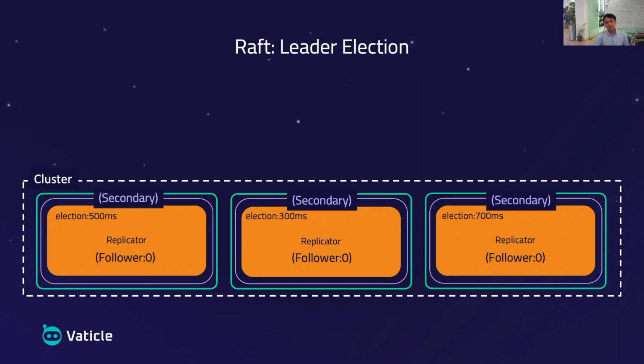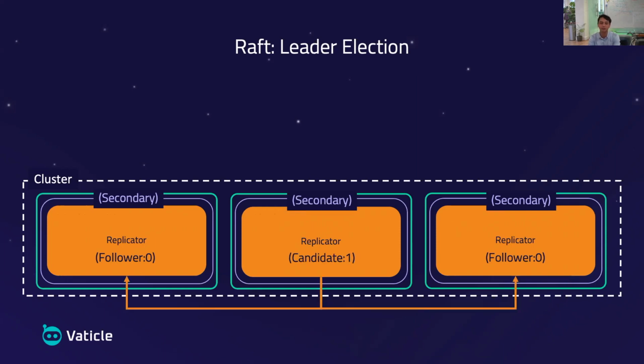In this case, the second server, which has an election timeout of 300 milliseconds, is most likely to be the first one to start an election, right? It starts an election by changing its mode from follower to what we call candidate. It also increases the term number by 1 from whatever it is.